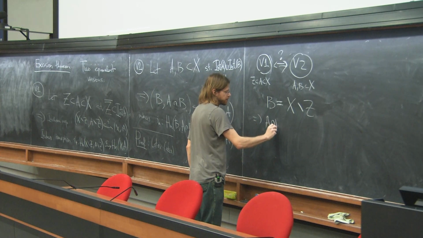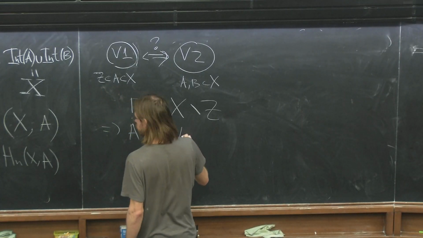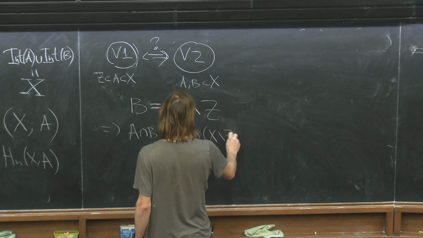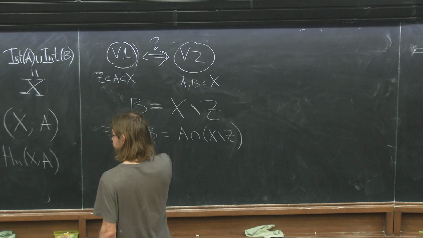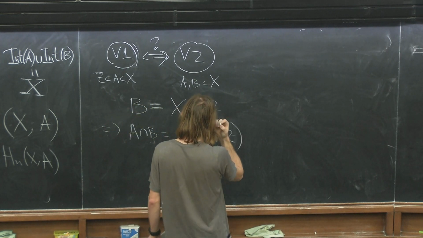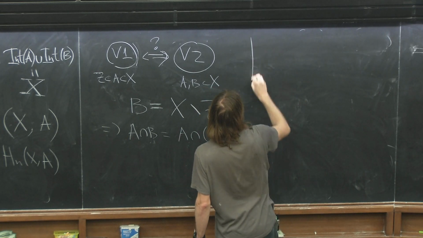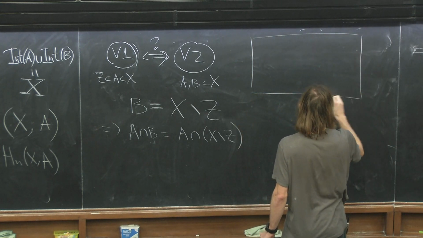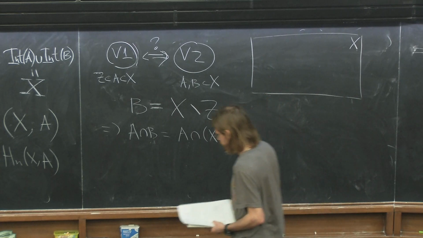A intersection with B is A intersection with X minus Z. And if you want, you can draw a Venn diagram. You have the ambient space X.